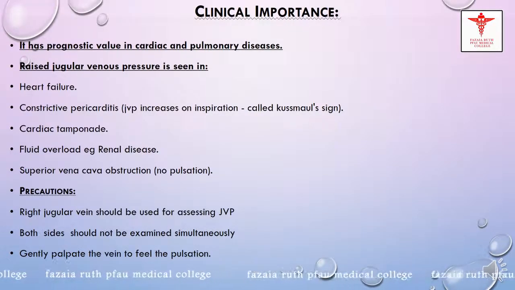So you remember this when there's a heart failure, which is mostly of the right side, the JVP is raised. In constrictive pericarditis, JVP increases on inspiration, and this is a very important sign called Kussmaul sign.